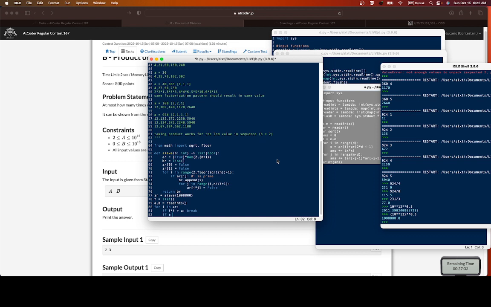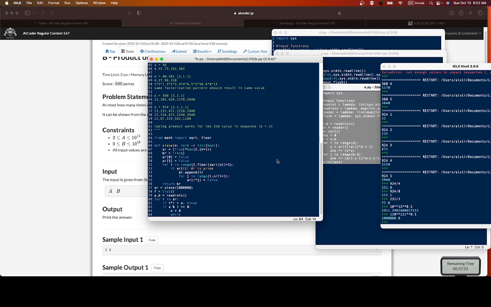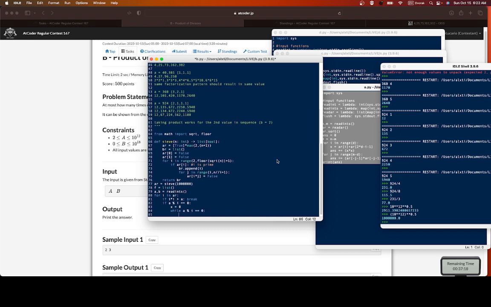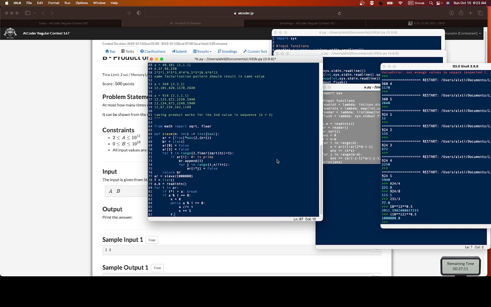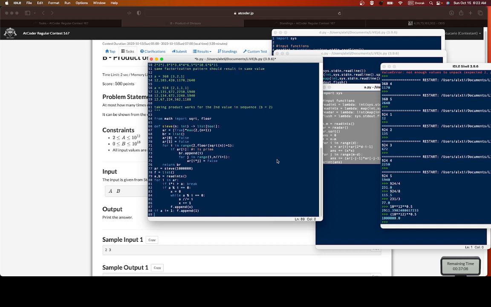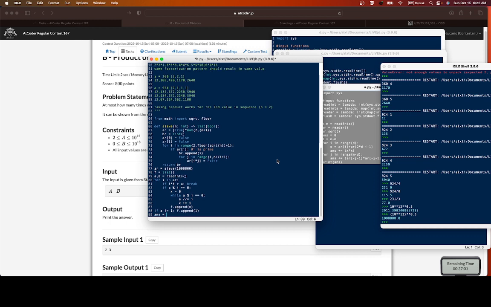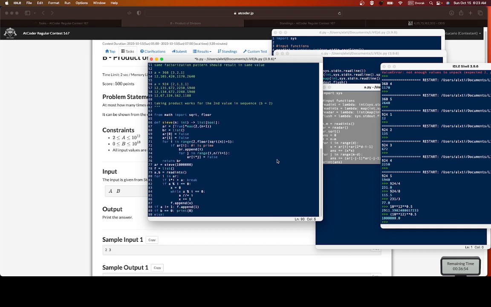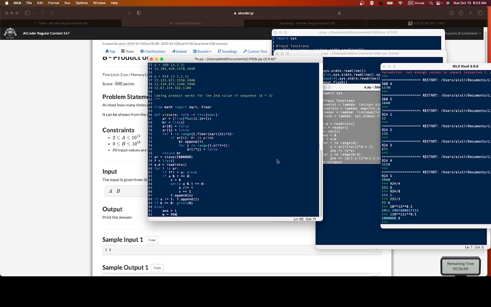If a mod i equals 0, then x equals 0, while a mod i is still equal to 0, divide by i and add 1, f dot append x.